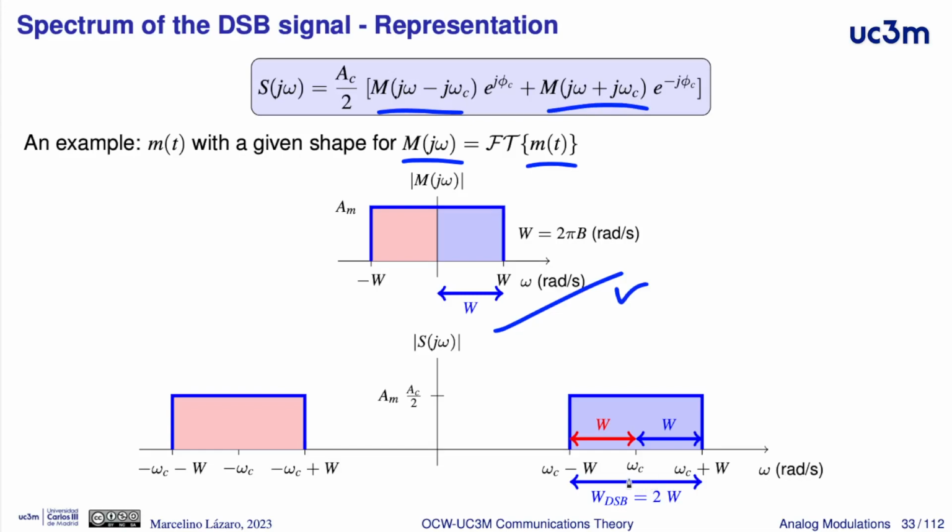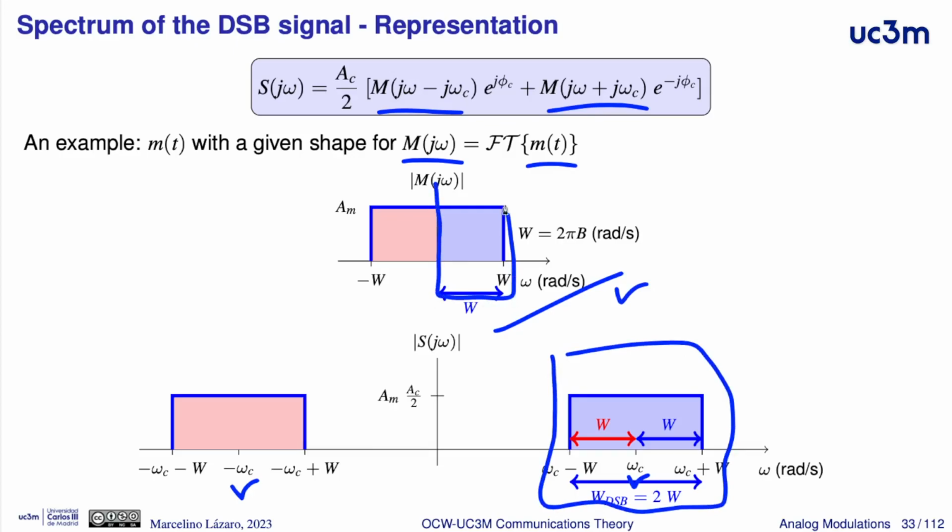One of them is shifted to omega c and the other one is shifted to minus omega c. But it is straightforward to see that now the bandwidth of the signal given by this shifted replica is 2 times the bandwidth that we have for the modulating signal m of t.